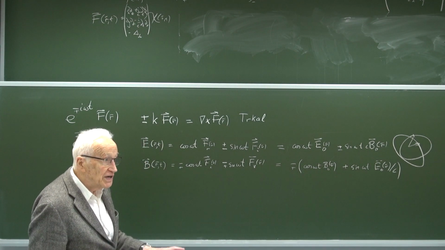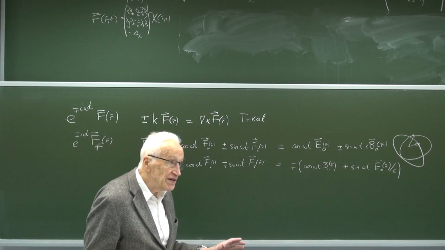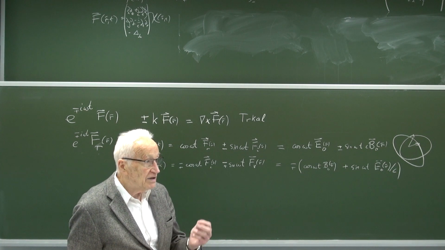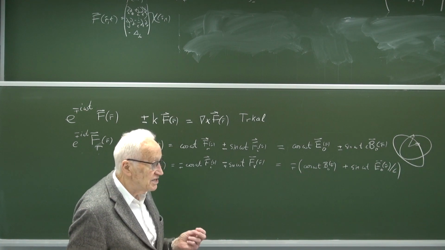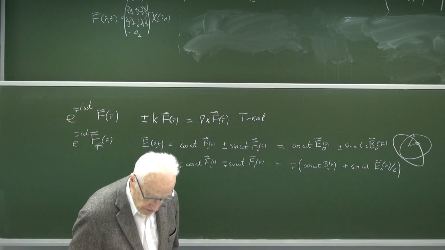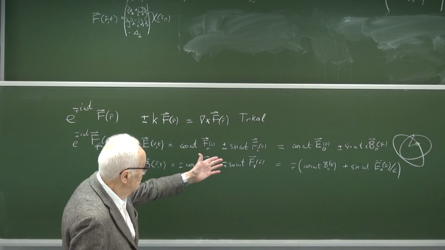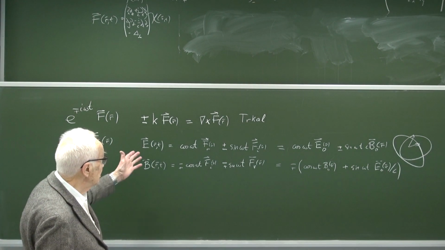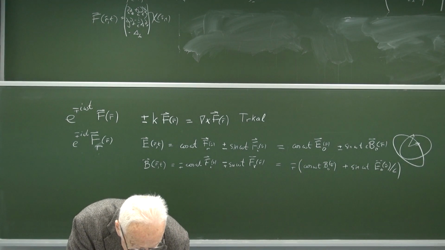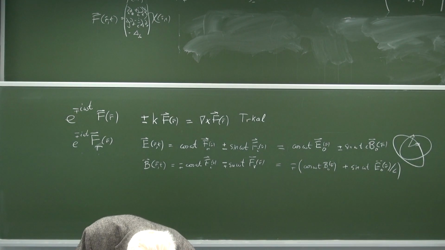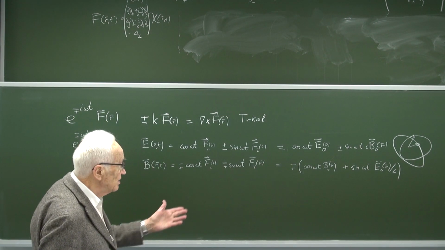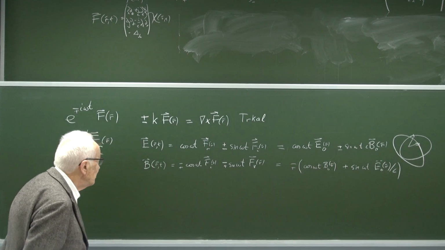Of course, what makes these solutions quite different is that at different points the ellipses are different. But at a fixed point, when E of r is given and B of r is given, we have just two ellipses. And this comes out quite easily within this formalism. Needless to say, you could reproduce this also from Maxwell equations, but it will take a bit more doing.